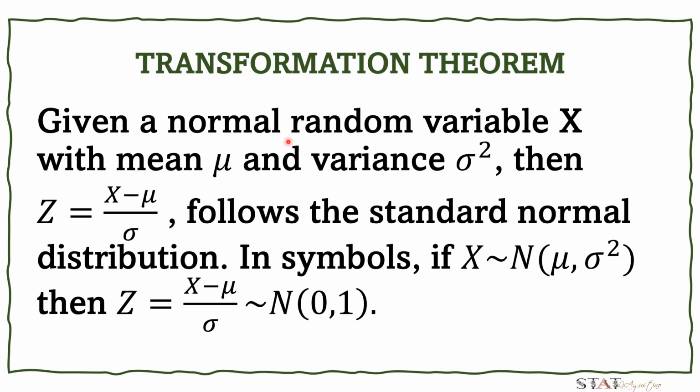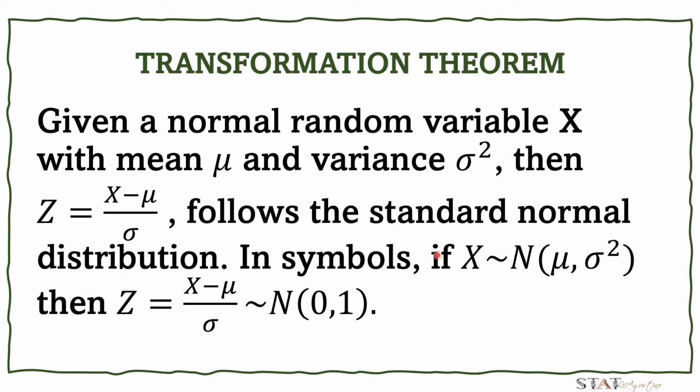So, take note of the transformation theorem. Given a normal random variable x with mean mu and variance sigma squared, this is a Greek letter, sigma squared, then z is equal to x minus mu over sigma, or your population standard deviation, follows the standard normal distribution.